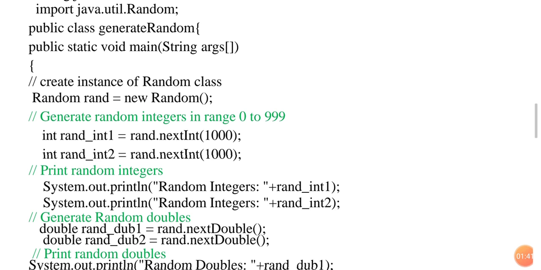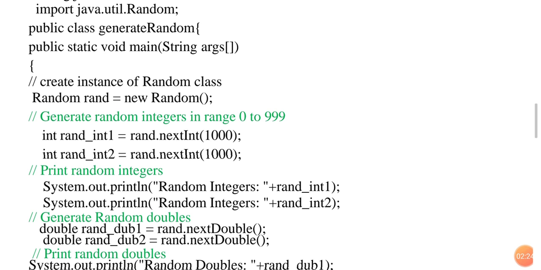The next two statements declare two integer variables, rand_int1 and rand_int2. We assign to these variables the values generated by nextInt. rand.nextInt invokes the predefined method, and here we give an upper bound of 1000, which means it can generate random integers in the range of 0 to 999.